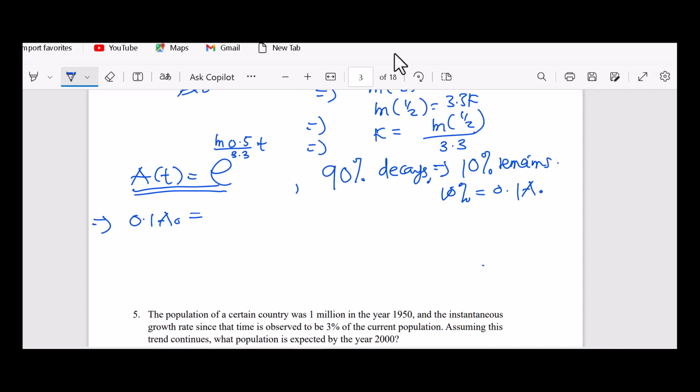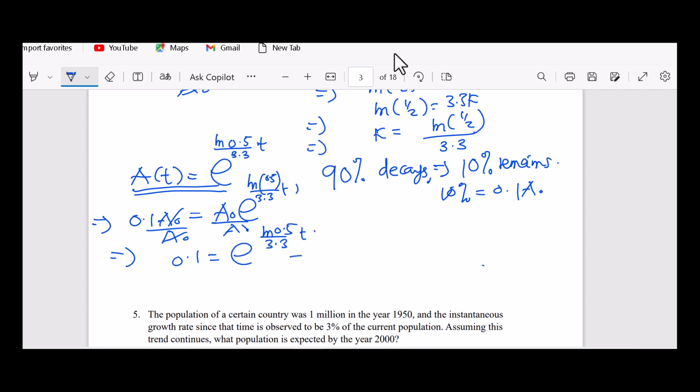So this one will be equal to A naught e power ln of 0.5 over 3.3 times t. Solving, A naught here and A naught here will go away. So we have 0.1 equals e power ln of 0.5 over 3.3 t.